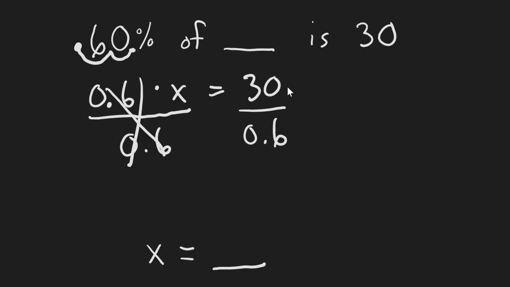And then we have on the right hand side 30 divided by 0.6. And 30 divided by 0.6 is 50. And so on the left hand side we just have x, and on the right hand side 30 divided by 0.6 is 50. And so we have x equals 50. We have solved for what this mystery number is. 60% of 50 is 30. So 50 is the correct answer.